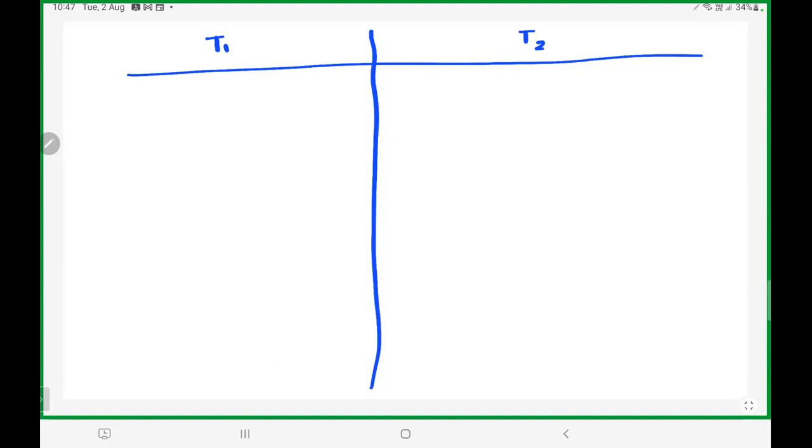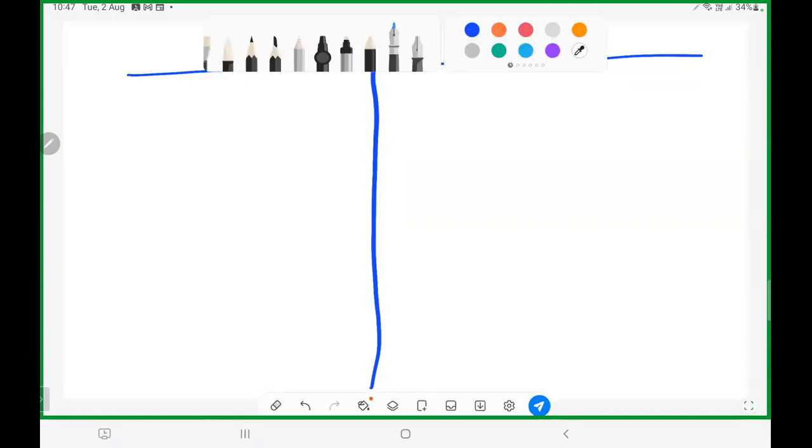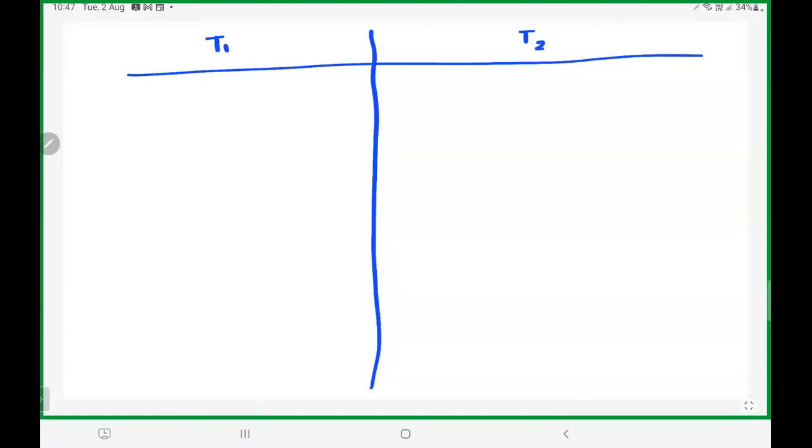In the T1 transaction, they first read X. Think of it as an example for isolation.